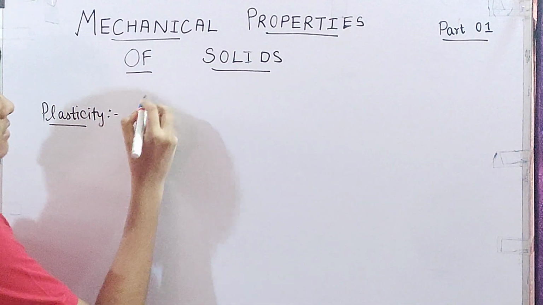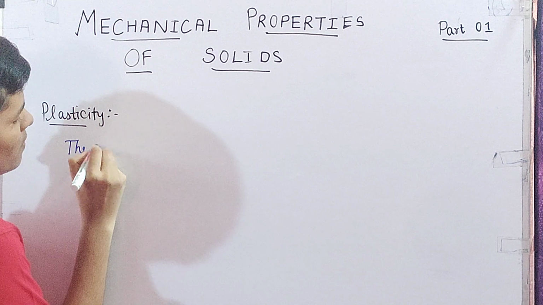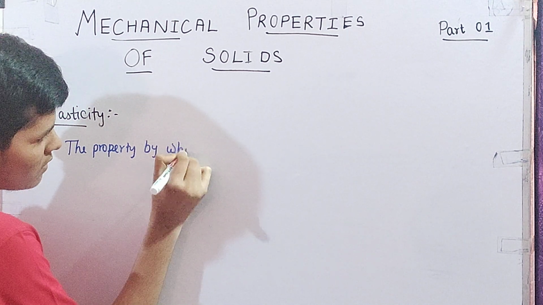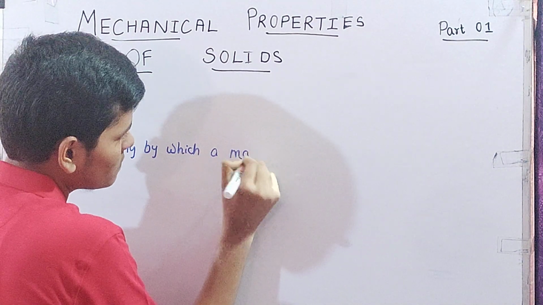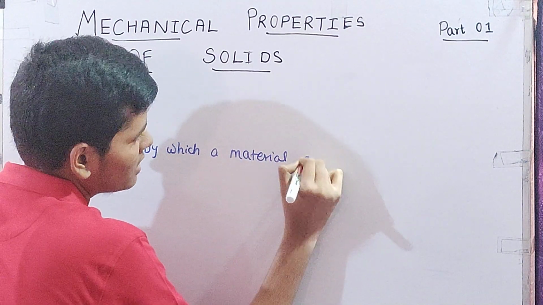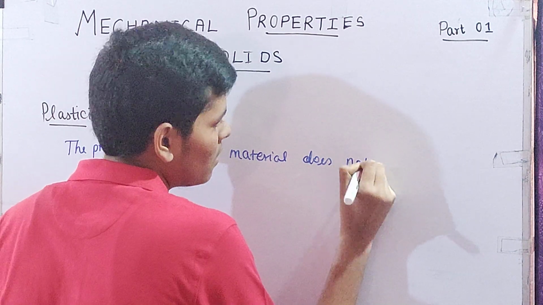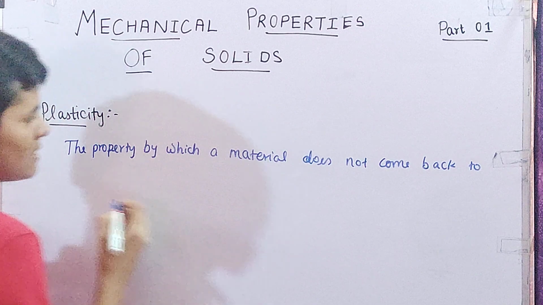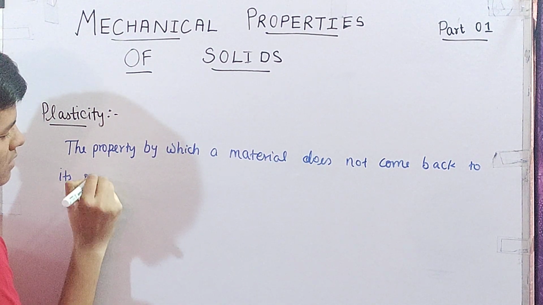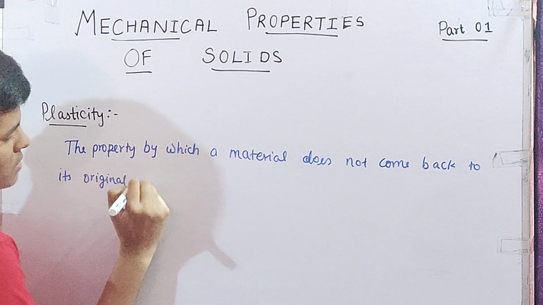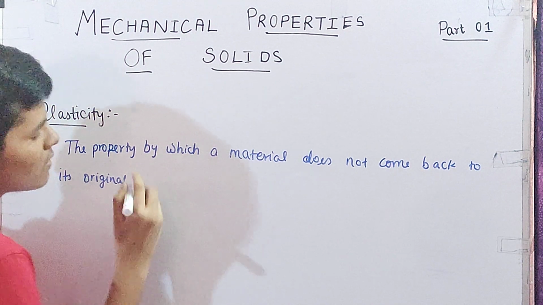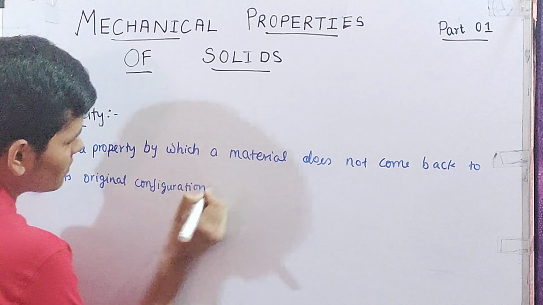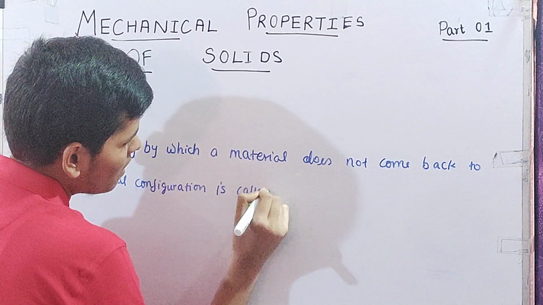So the property by which a material does not come back to its original position or configuration is called plasticity.